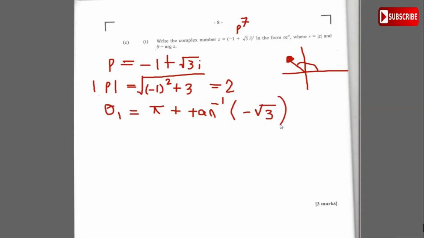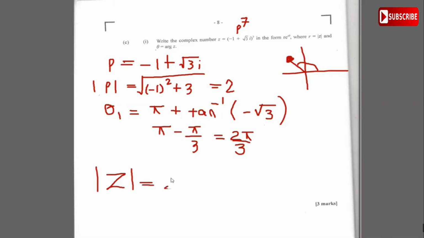According to my calculator, I'm getting minus pi by 3. And so I really have pi minus pi by 3, and that's going to be 2 pi by 3. Nice and easy. Now that's theta 1, but what we need is theta. So the modulus of z now is going to be equal to, remember it's being raised to the 7th power.